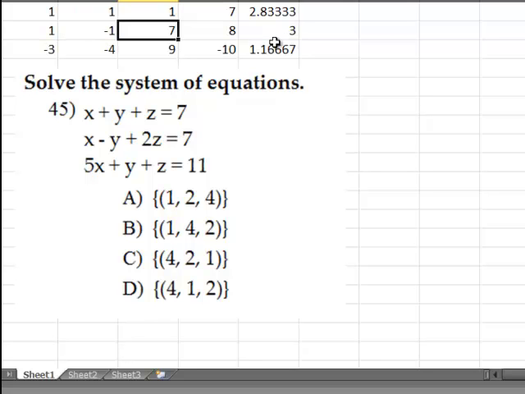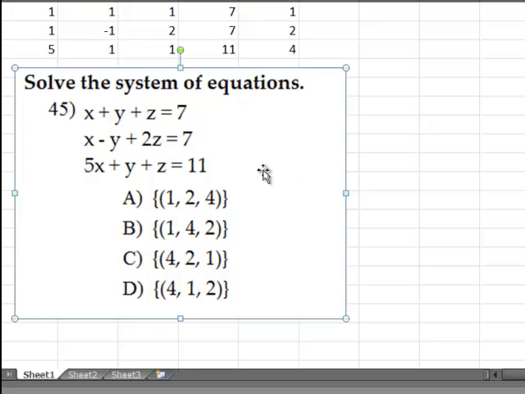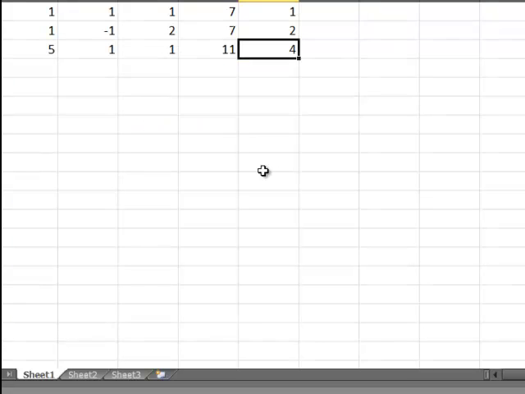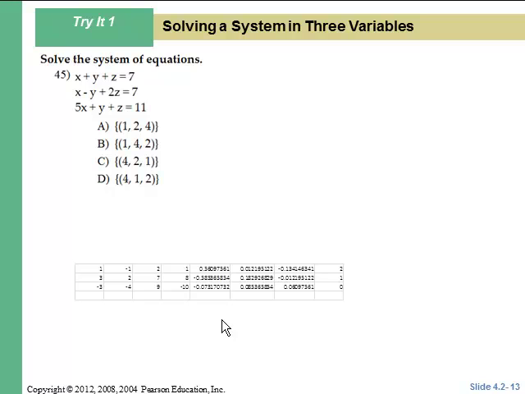So I just need to type the different values for each of the three different equations. And when I get done, my answer automatically appears. And if you notice it says 1, 2, 4, which is letter A. So now you look.